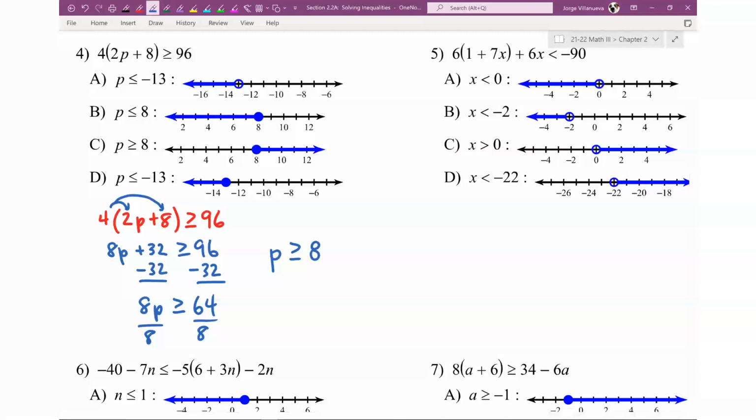Solid, right? Our cheat sheet said that if you see something like this or like this, it's a solid circle. So notice it cannot be, well, it can't be A because this one is empty. So it can't be A. So it's either B, C, or D. Now, notice how my letter p is on the left side. That's the way I would prefer it. Which way is the arrow pointing? This arrow right here.